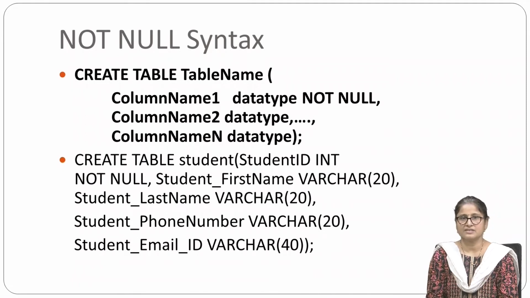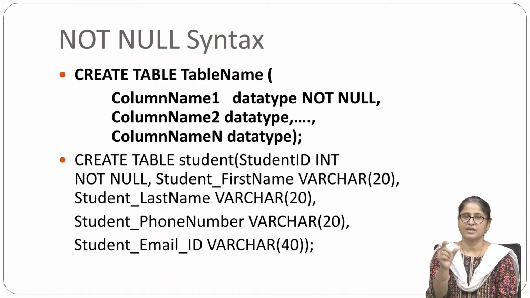Below this create command, we have the example of the student table. Create table student, ID integer type, and this ID is not null, followed by the not null keyword, and the rest of the columns, first name, last name, phone number, email ID, have been specified. That means student ID cannot be empty.